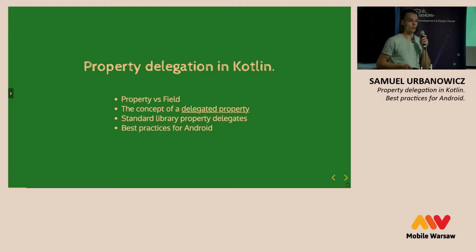And I will show how to implement your own custom property delegate. Next, I will say something about property delegates available in the standard library. And finally, I will say about applying property delegation on Android and about some trade-offs and disadvantages of using the built-in Kotlin support for property delegations on Android.